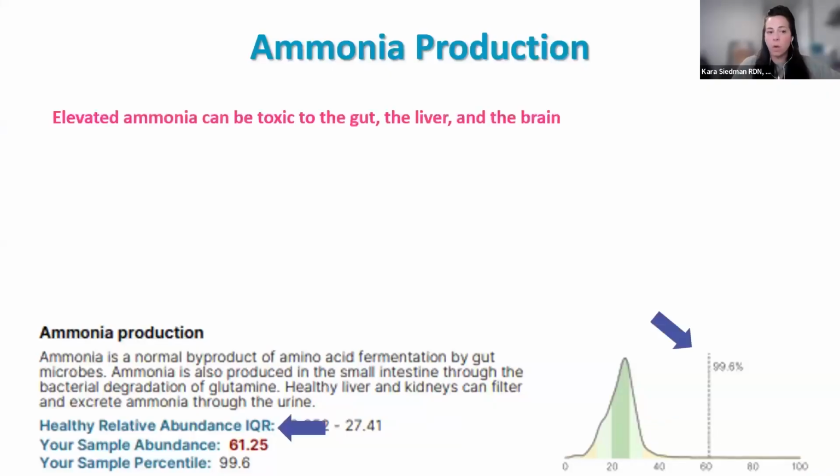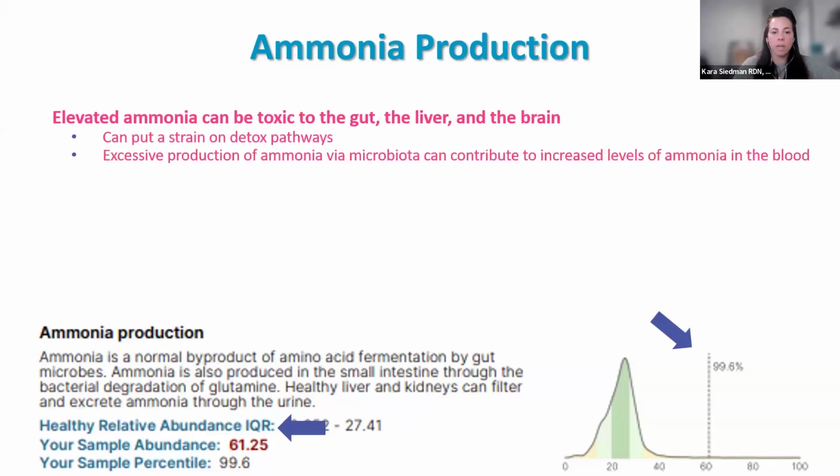So ammonia. We're going to spend a few moments talking about some of these byproducts, but ammonia is the result of proteolytic fermentation, especially with the intake of glutamine. So we know elevated ammonia can be toxic to the gut, to the liver. It can put a strain on our detoxification pathways. But we also know that ammonia secreted by bacteria in the lumen doesn't always stay in the lumen.